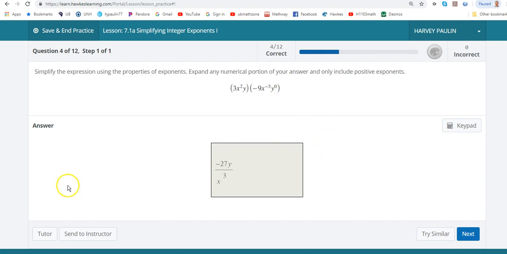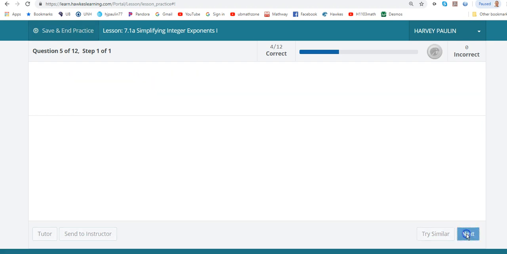Now, since you did it through the tutor, it then puts the answer here. And if you say, well, you want to try one on your own, you can go here to try similar. Or if you feel confident, you go on to next.